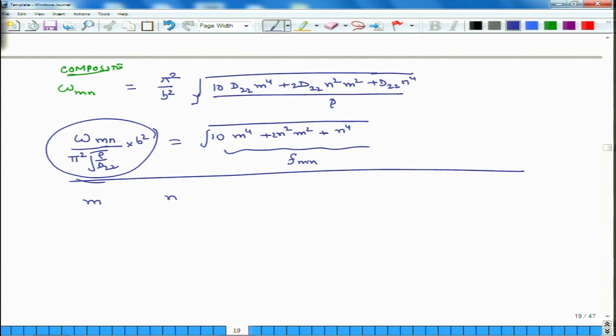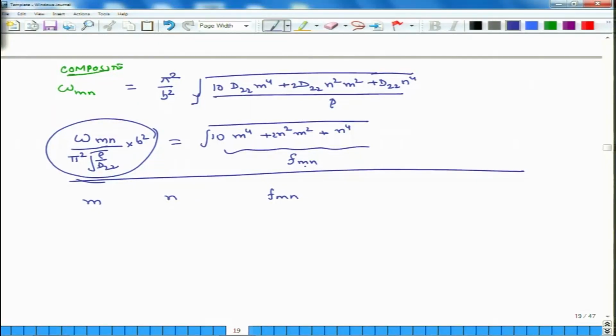So, this is not frequency, but some normalized frequency. Okay. So, we will calculate the value of this normalized frequency. So, my aim here is to find out those combinations of m and n such that f mn is least. So, I want to first find out the first 4 such values, which are minimum.